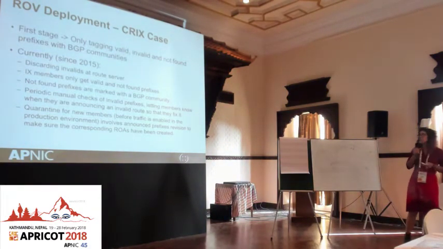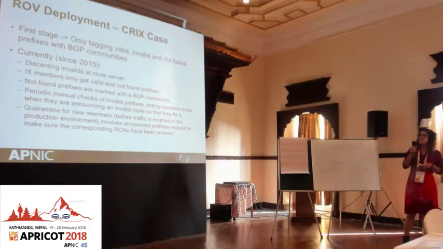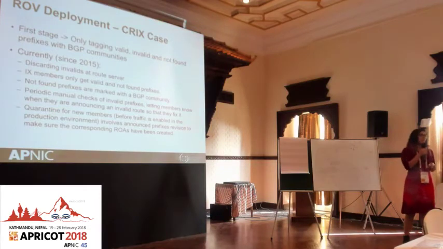And after some time of doing this and working very closely with their members to fix all the issues they had, and to make sure that all the members had generated their RPKI information for the prefixes, in 2015 they started discarding invalid prefixes at the route server.